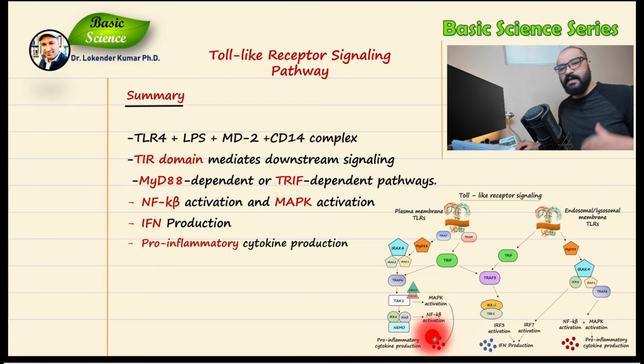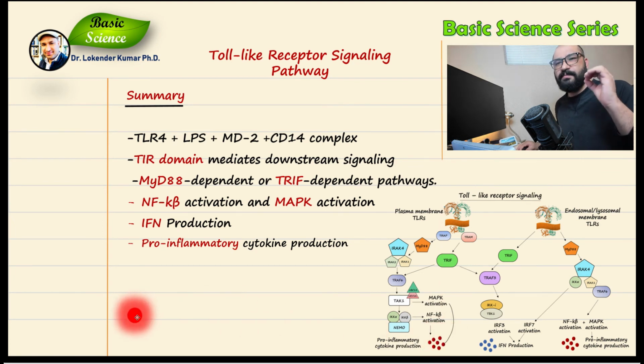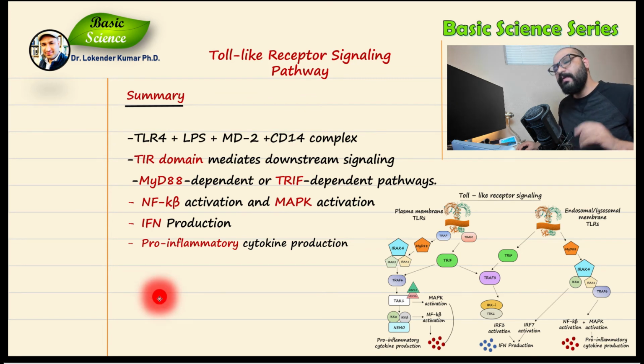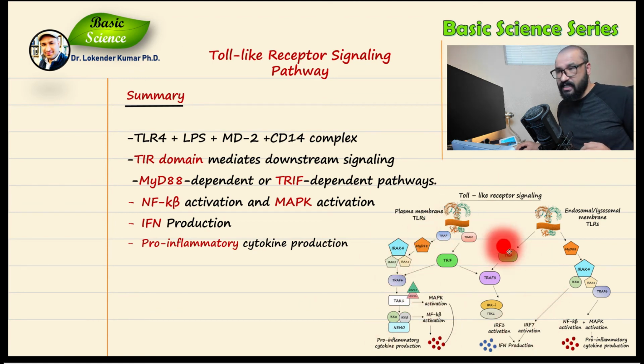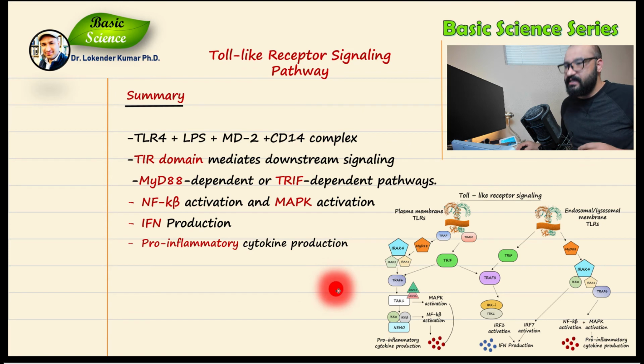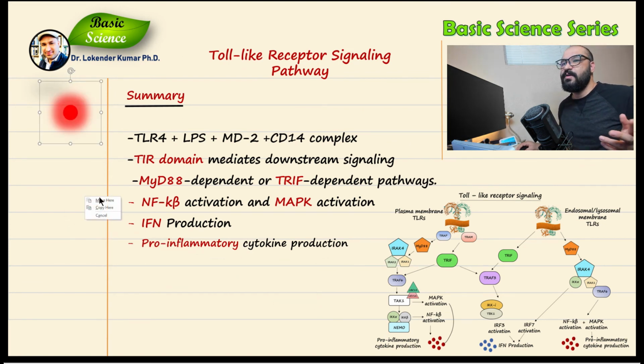And specifically my favorite is NF-kappa B activation, and there are canonical and non-canonical pathways of NF-kappa B activation, really interesting pathways. So we will discuss those pathways in future, but right now I want you to remember that toll-like receptor signaling involves these proteins, and what are the names of these proteins, right? And are there any similarities and any differences between these two pathways?